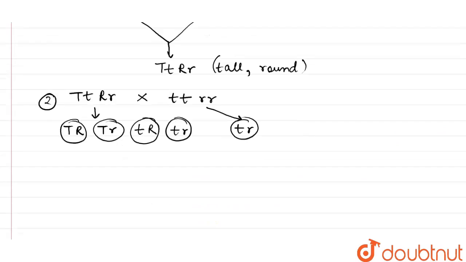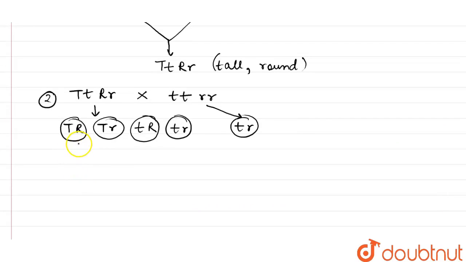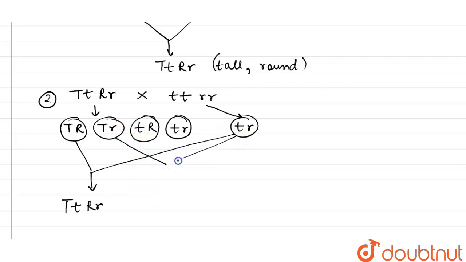So let's do the cross between these. The first will be tall and round. Then we will have tall and wrinkled.